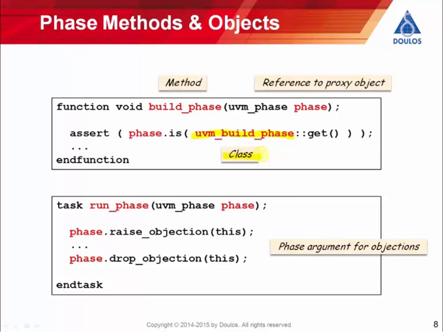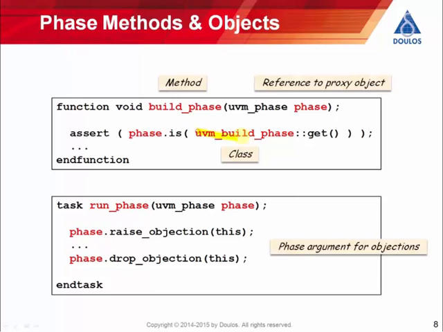So somewhere in the UVM base class library, there's a class UVM build phase that represents the build phase, and then you override the build phase method in your components in order to say what happens in the build phase. Then the build phase method is called with an argument, and that argument is a reference to a so-called proxy object, and that proxy object is the thing that represents the build phase at runtime.